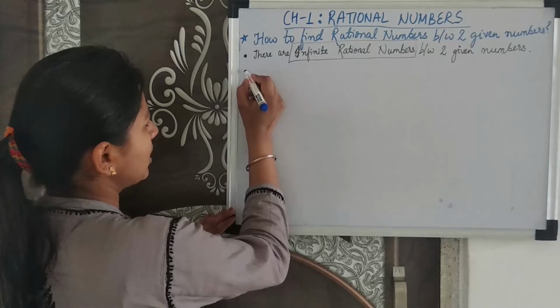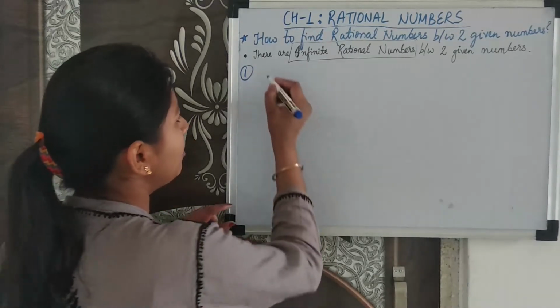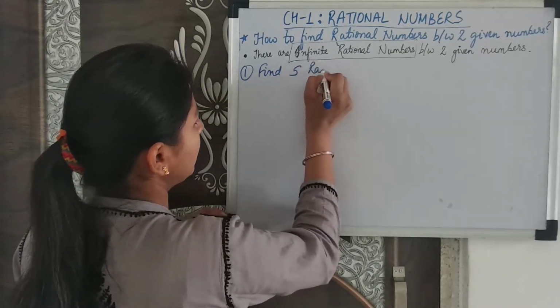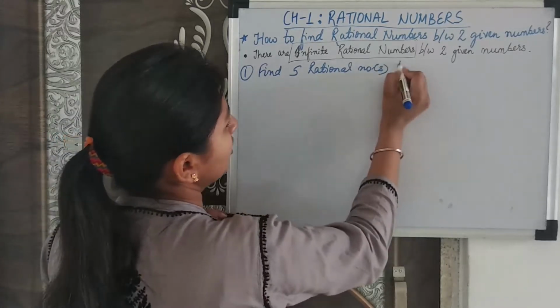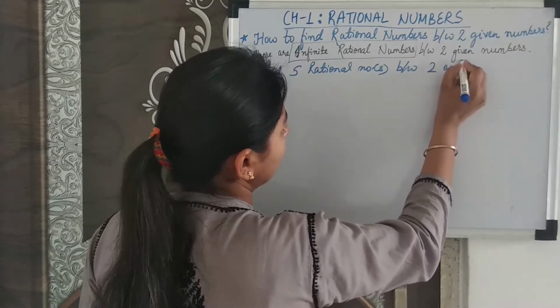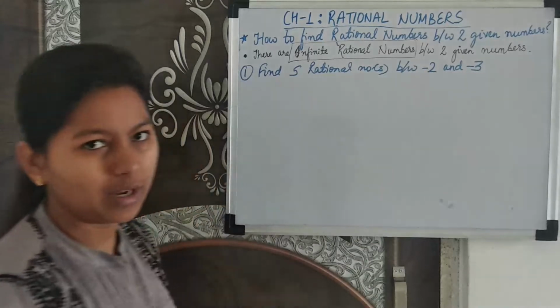My first question is, find 5 rational numbers between 2 and 3, or we can take it as -2 and -3.